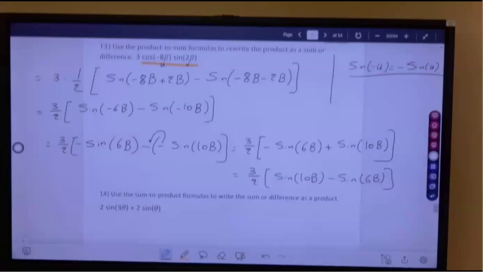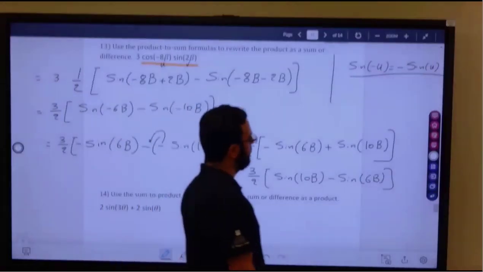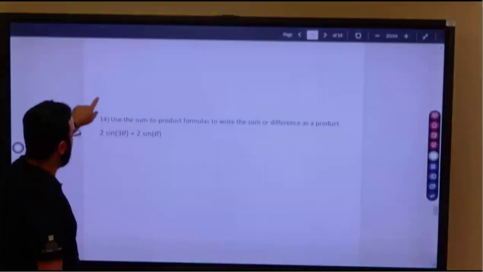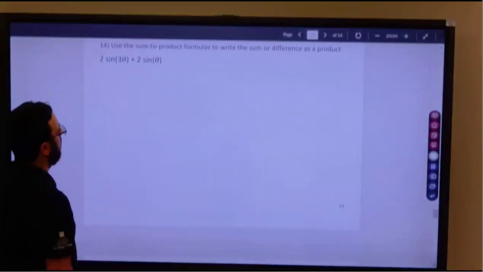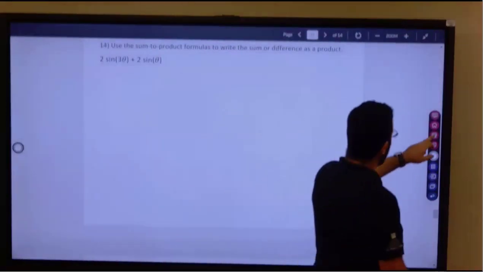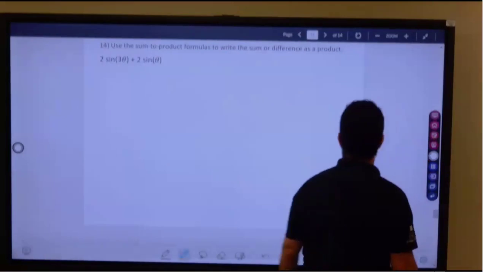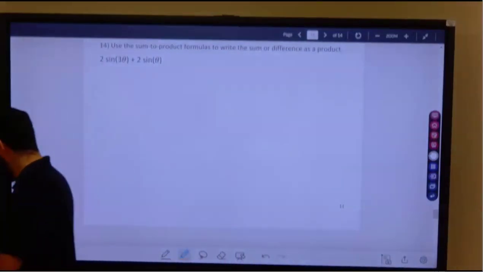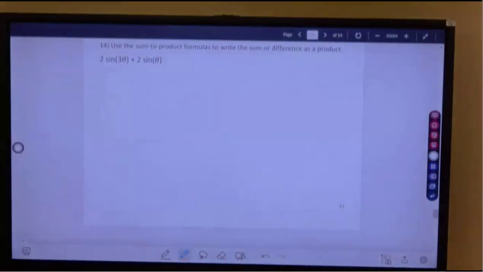So the next example, we need to use the sum to product formula. The first thing we're going to do, because you have a 2 on both of these terms, is factor out the 2 and use the formula.